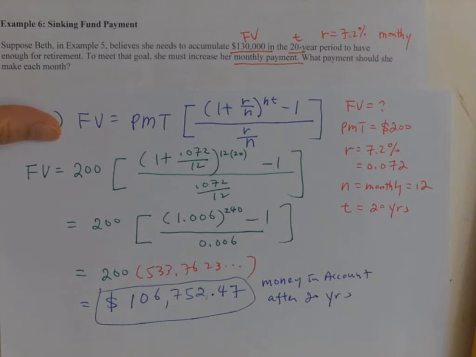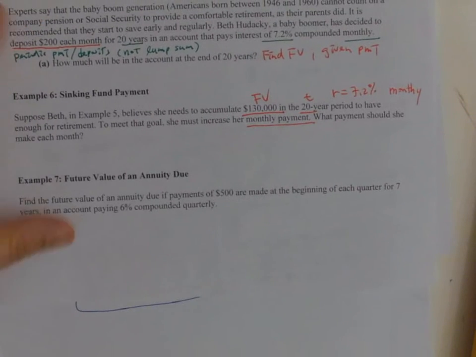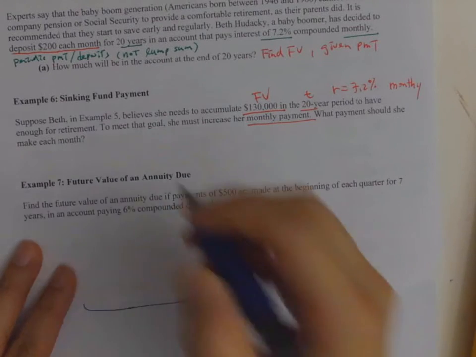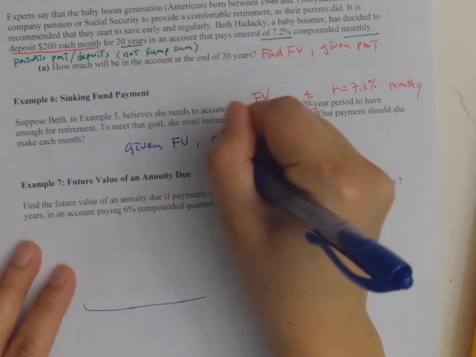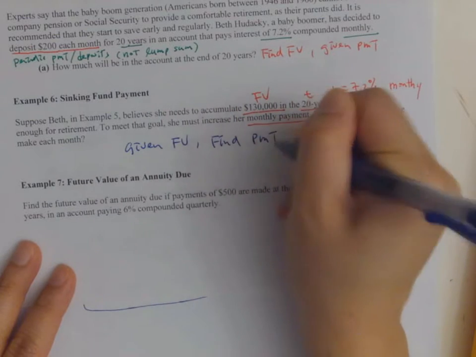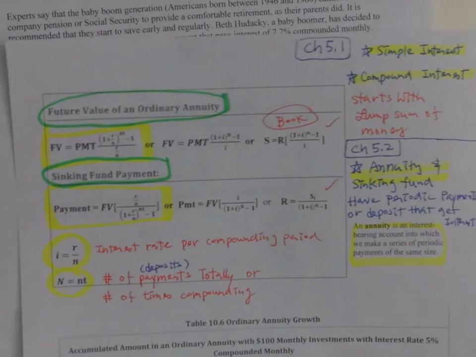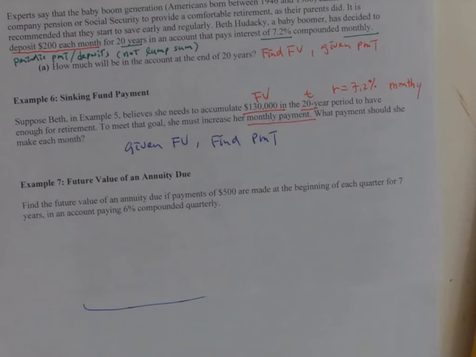So the difference is that for number 6, we don't know the payments, and we have the future value. We are going to find the payment or periodic deposit, right? If you look at the formulas we have, the one that allows you to find payment when you have future value is this one.